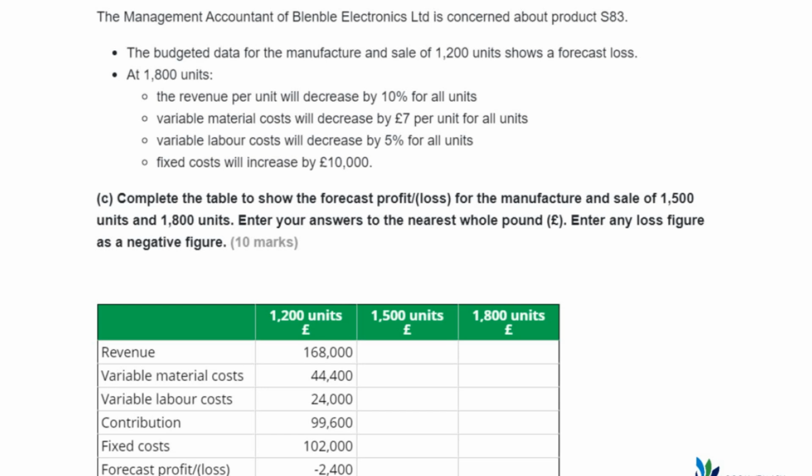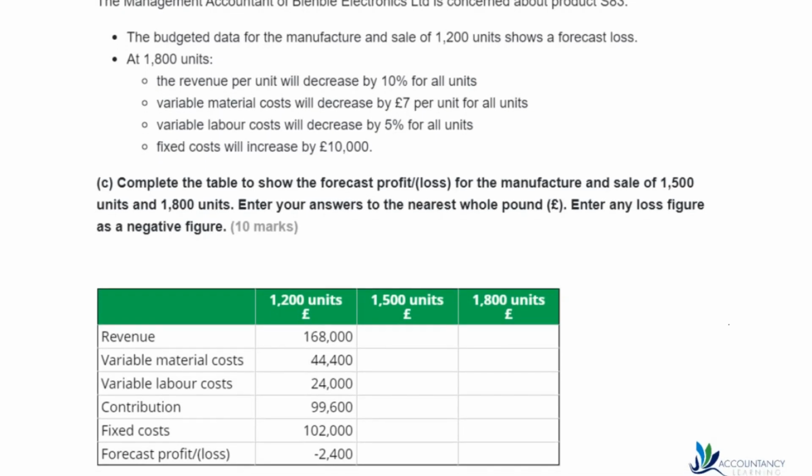Then we're given some information about what 1,800 units would be, and then we need to use the information to complete a table for the sale of 1,500 units and 1,800 units. And it's important here to enter your answers to the nearest whole pound. So do check what format you need to enter your answers into. We're also told that any loss figure should be entered as a negative.